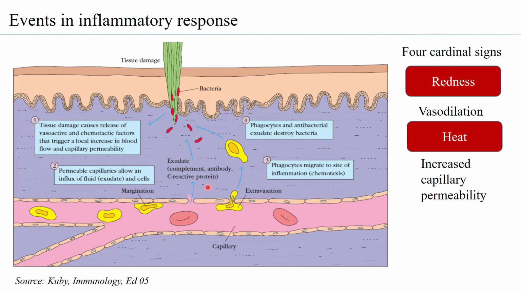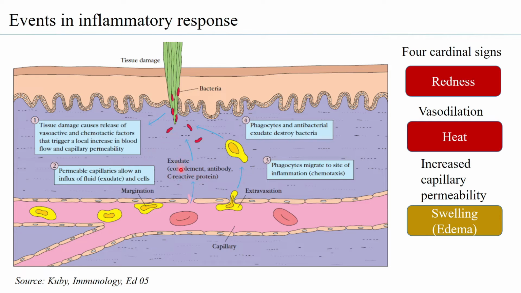Now, because you have a lot of exudate accumulating here, a high amount of protein and a lot of cells from the blood entering this area, you would find that there is swelling in this area because of fluid accumulation. In technical terms, it is also called edema.